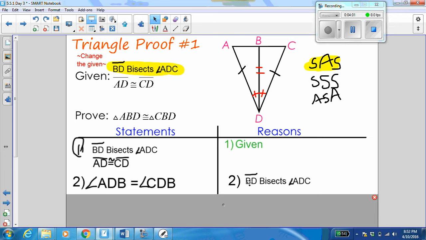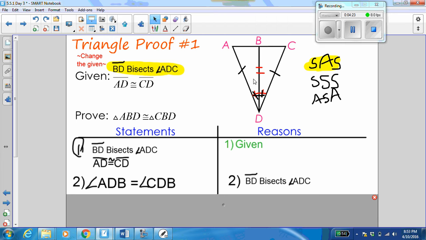Reason for that, we can say definition of angle bisector, we can say line segment BD bisects angle ADC, whatever our reasoning is for it, as long as it's a sound reason. So now that we said that, I'm going to change that color to black, just so that I know that it's in my proof.